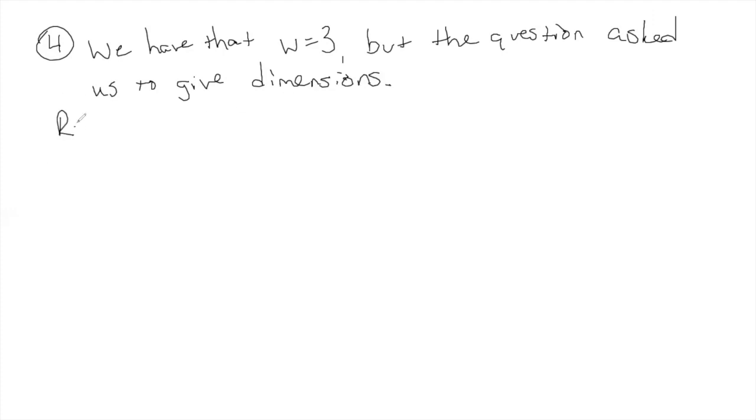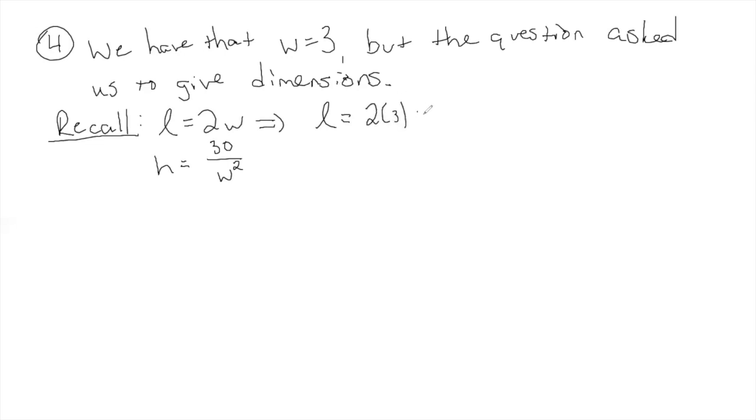So we have to recall that L is equal to 2W and H is equal to, what was it, 30 over W squared? Right. Okay, so I need W, L, and H. But once I have W, I can get all of them for free, right? So this tells me that the L that I'm looking for is 2 times 3, or 6. And the H that I'm looking for is 30 over 9, or 10 over 3.